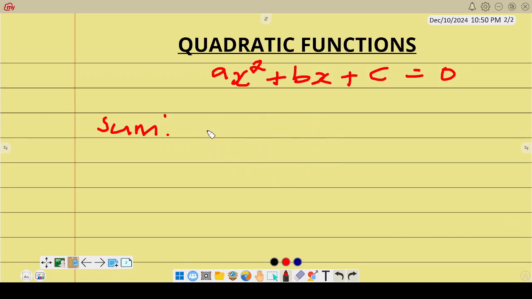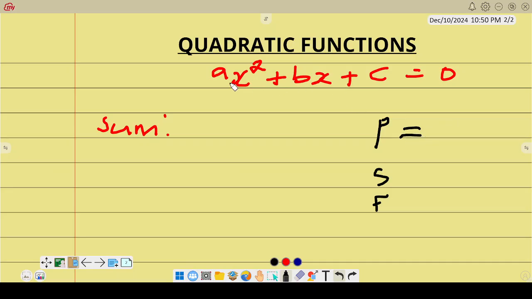So now we can get to do something. When we're dealing with the sum and product, first let's take you back to when, if you want to solve by factorizing, we used to have product, sum, factors. You remember these things?